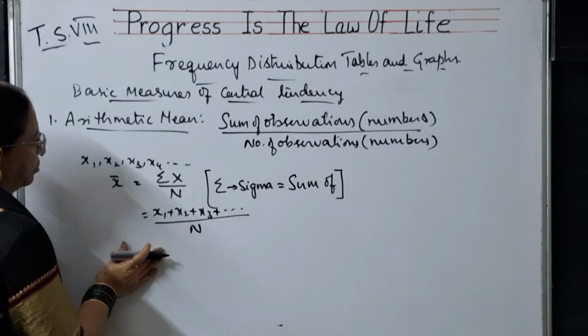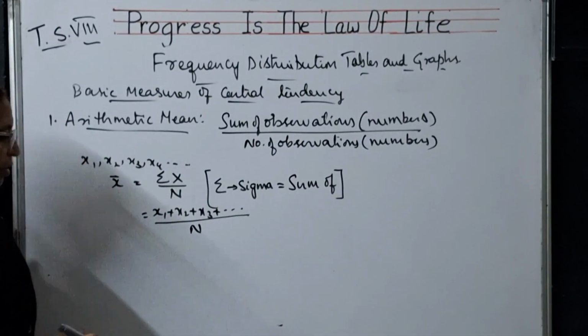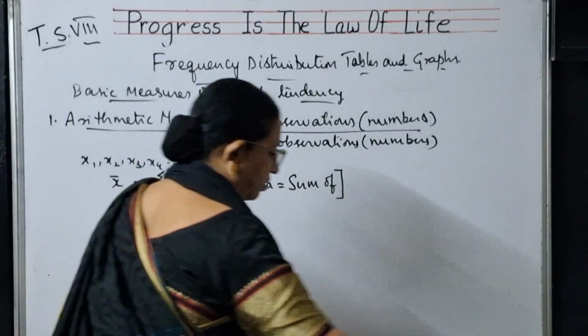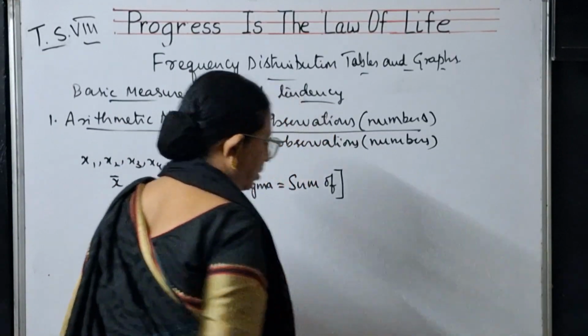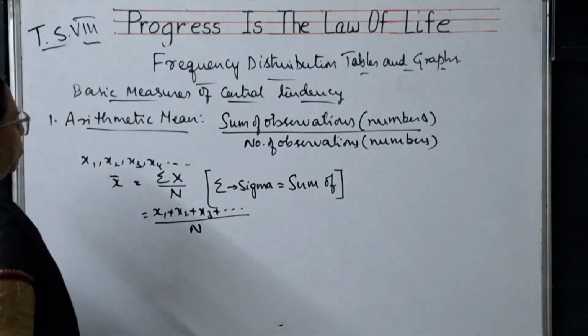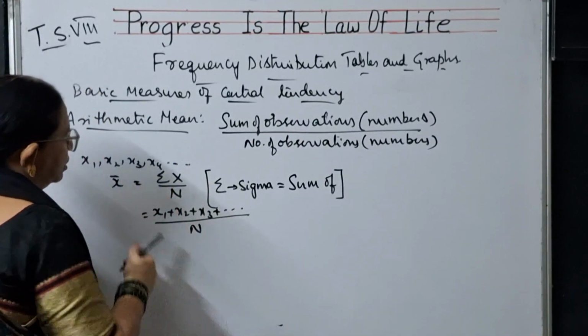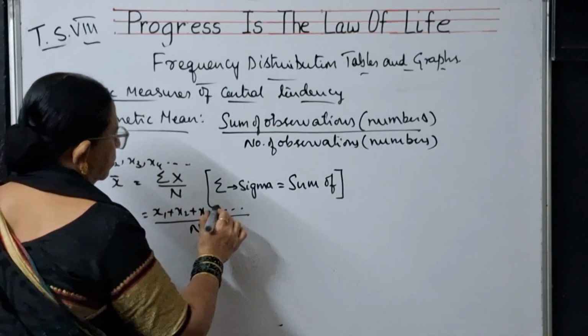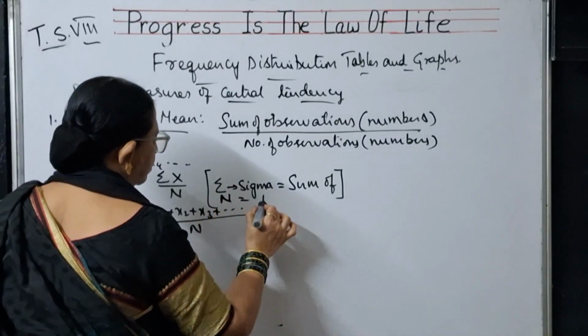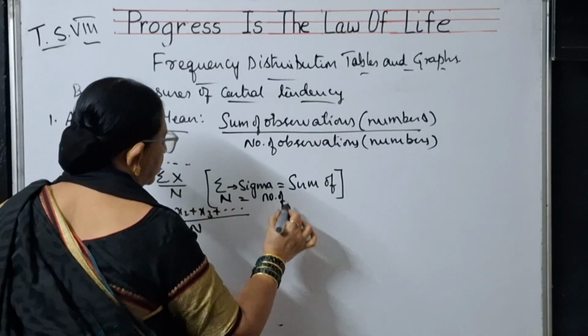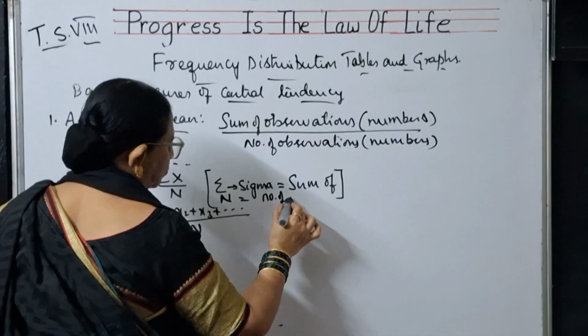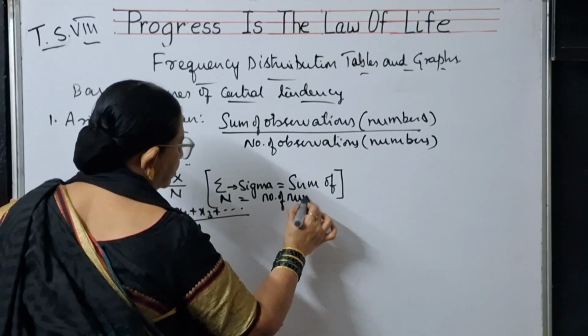This is the formula, children, with the help of which you are going to do the sums. Sigma means sum of; you have to add all the observations. N means number of numbers.